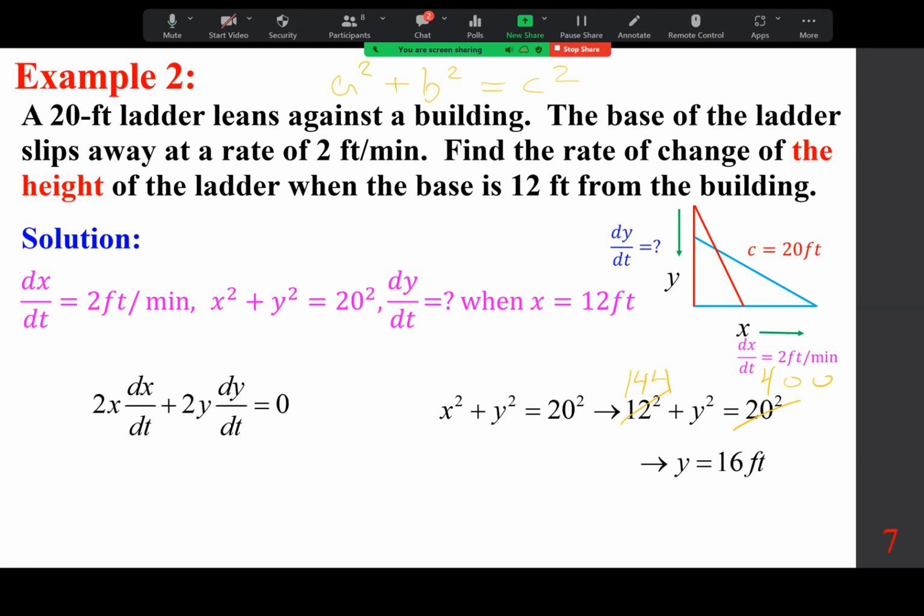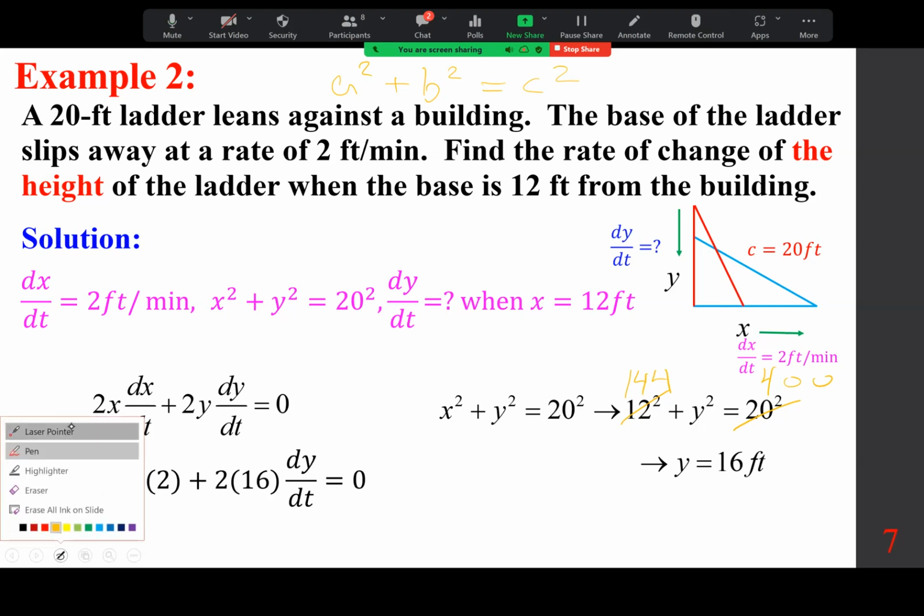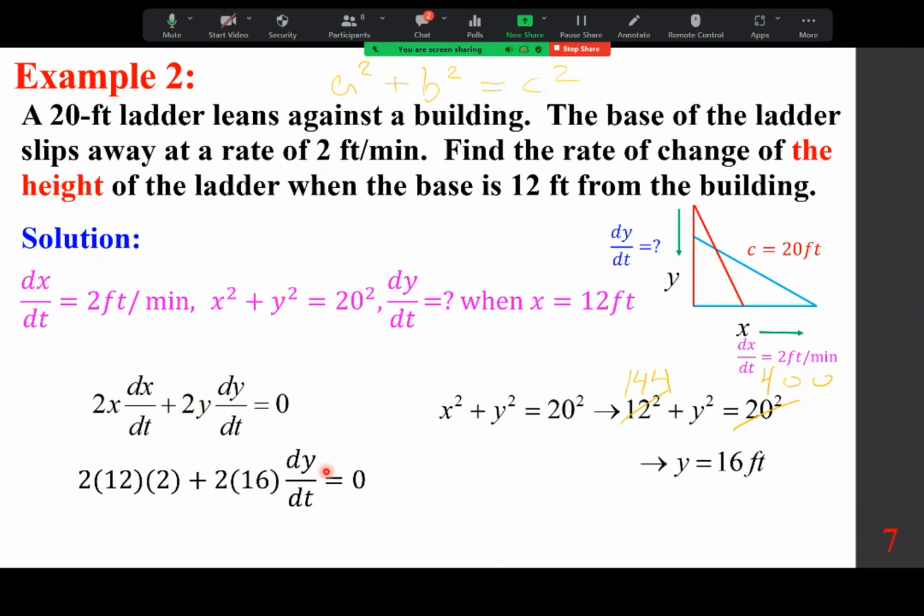And now we have everything we're going to plug in. We're going to replace the x with 12, the dx/dt with 2. We're going to replace the y with what we just found to be 16, and the missing dy/dt can be handled. 2 times 2 times 12 is 48. 2 times 16 is 32.